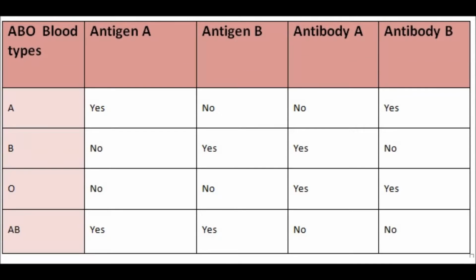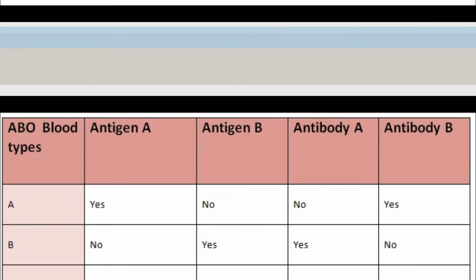Now, let's talk about antigens and antibodies found in ABO blood groups.